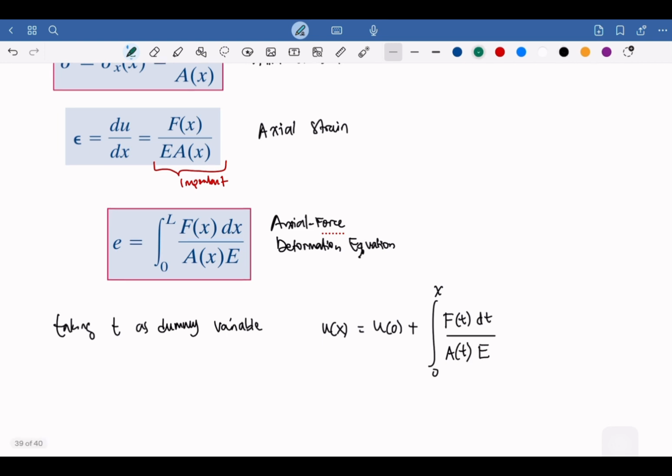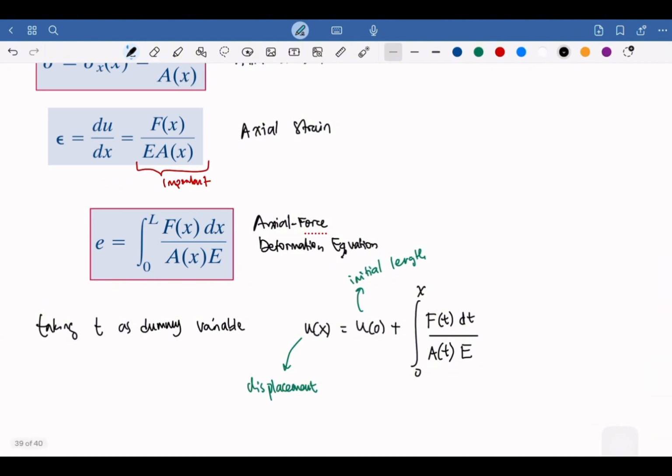Okay, U is displacement, this is initial, let's say initial length or displacement. Okay. Now we are going to focus on this elongation formula that we are going to see in the next subtopics. Okay.